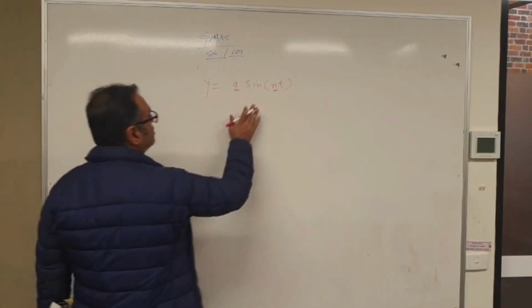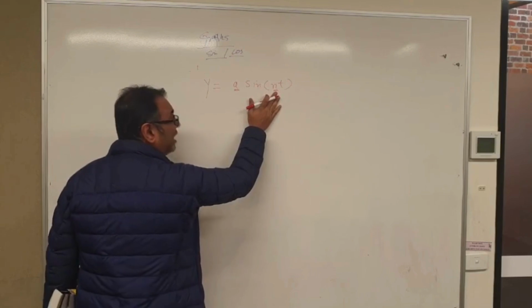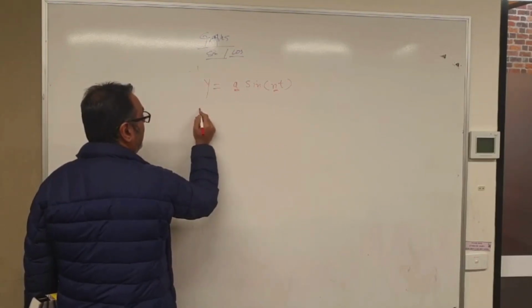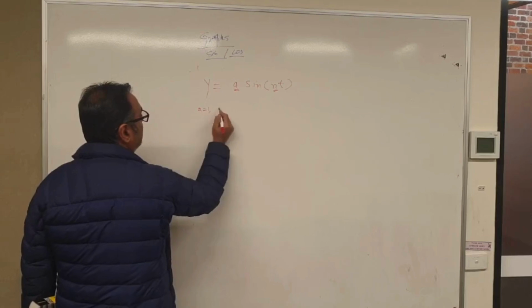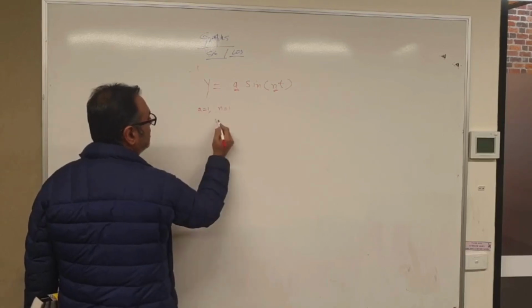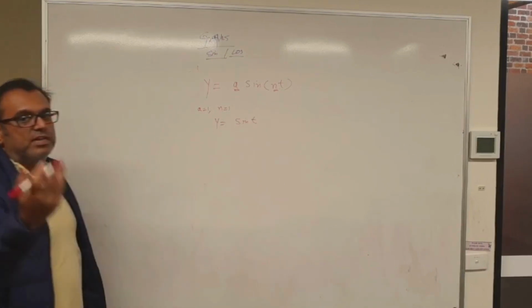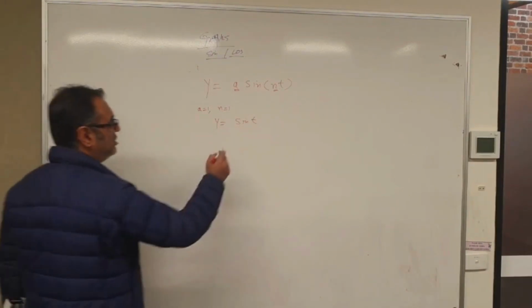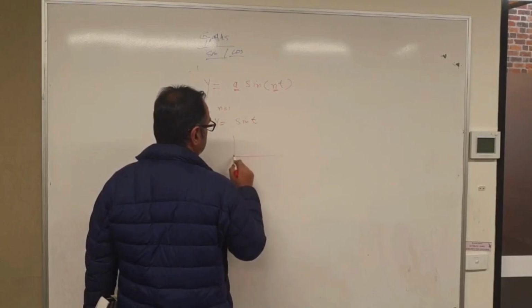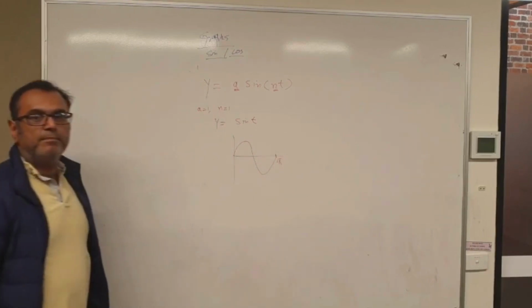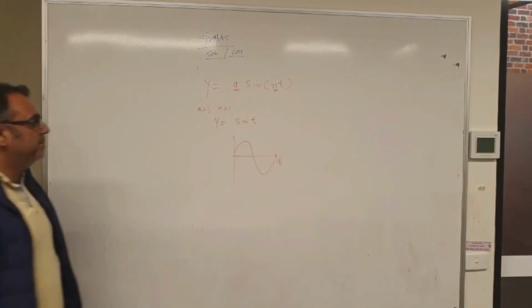When n is 1 and A is 1, the equation becomes y equals sine t or sine x or sine theta. And we just graphed it and we said the period is 2 pi.